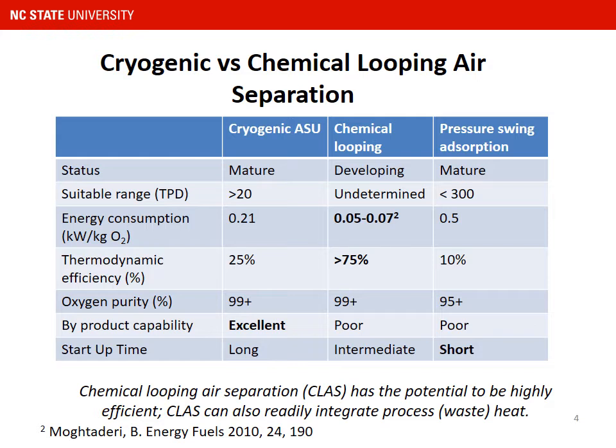Another advantage is that the oxygen purity can be very high, at 99%, which is comparable to the cryogenic method. The disadvantage of this chemical looping method is that the byproduct compatibility is low, which means it generally can only produce oxygen only, which is similar to the pressure swing adsorption method.